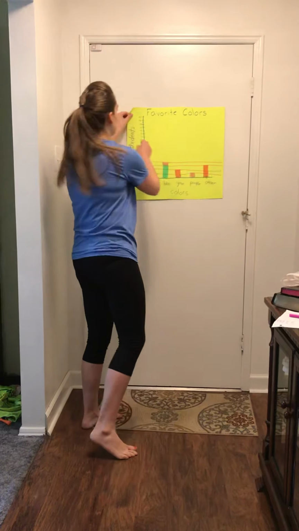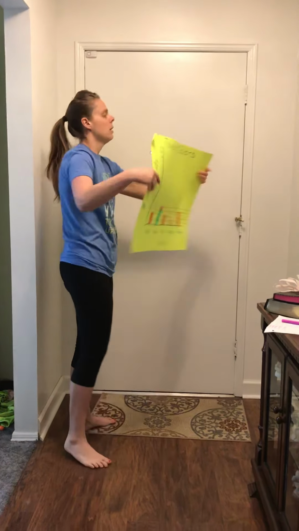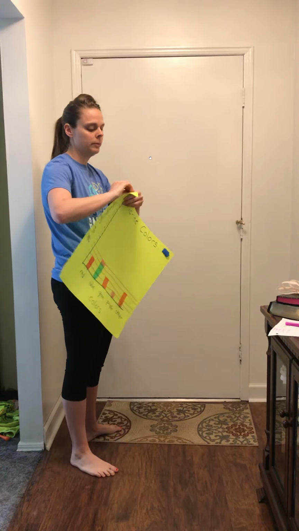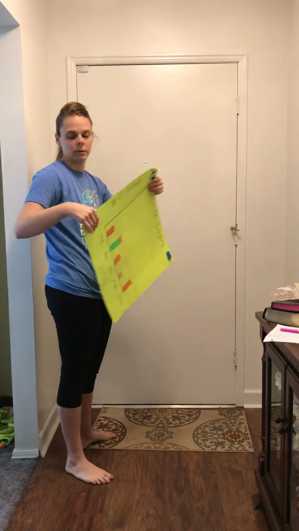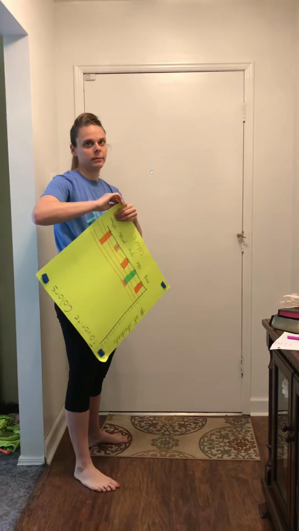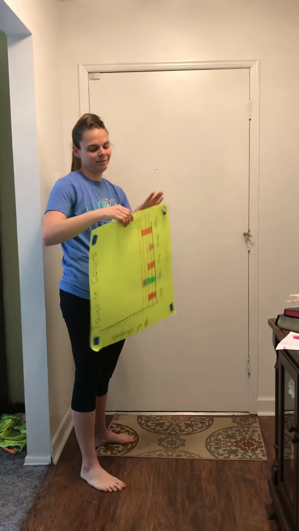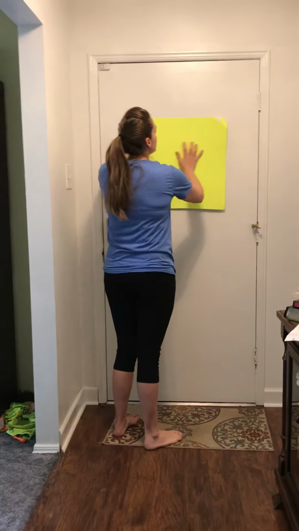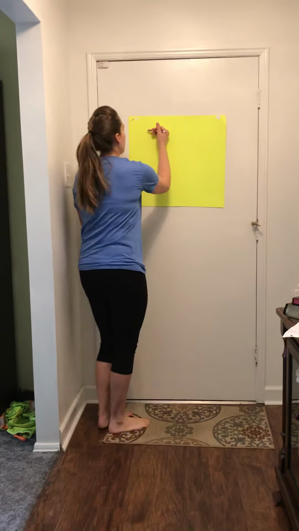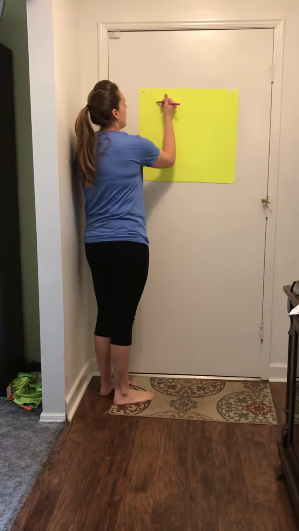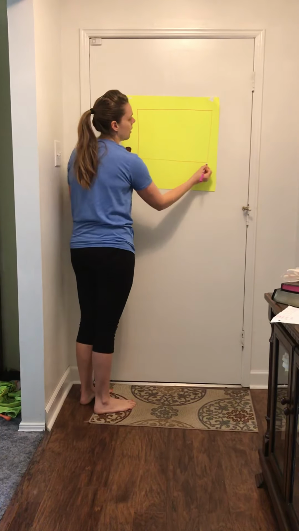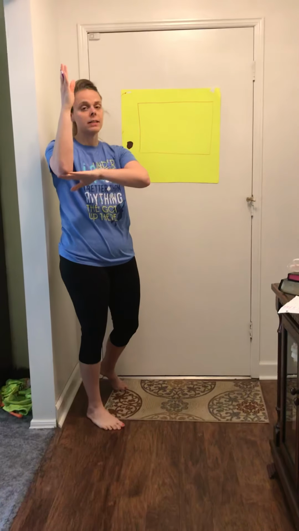And I'm going to flip our chart over here. We're going to use that same data to make a tally chart. All right, I think I'm ready. So, tally charts also show information, they show data, but they're going to be in a chart, not on a graph, so they're not going to have the axis like we talked about yesterday.